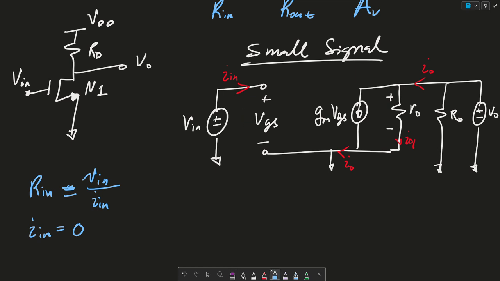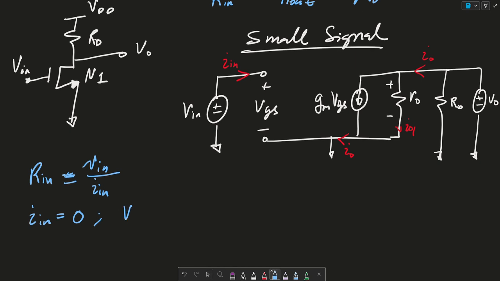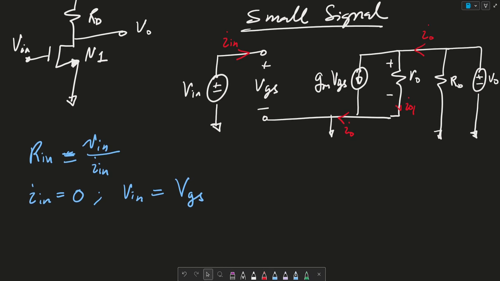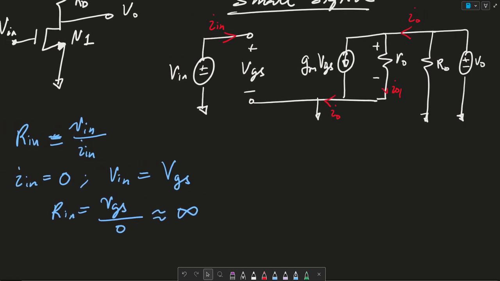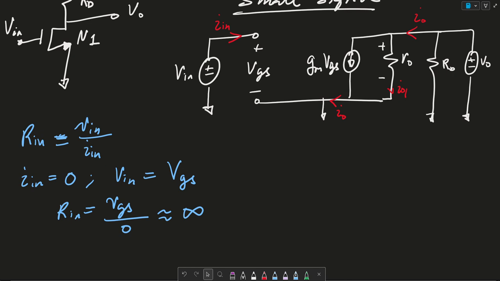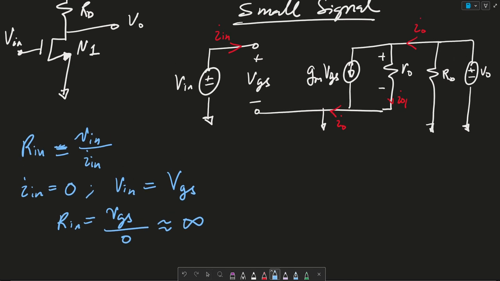So In is 0 and Vn is equal to VGS. You can also see it from here. They're in parallel, so Vn and VGS are equal to each other. As a result, Rn is equal to VGS over 0, which is approximately infinity. So that's your input resistance, which is going to be infinity.